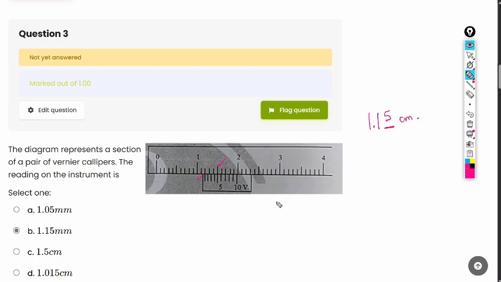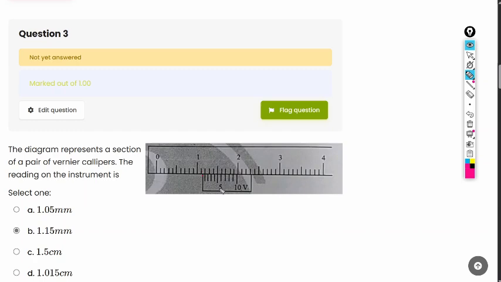Where the vernier scale starts, which is this point, determines where you stop reading the main scale. So that's 1.1.